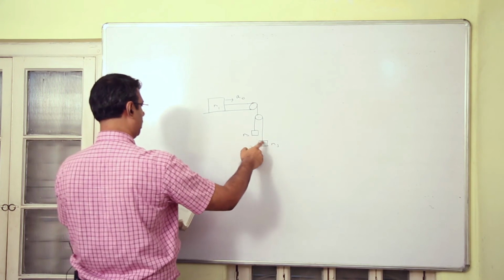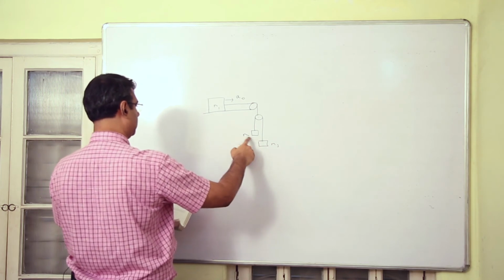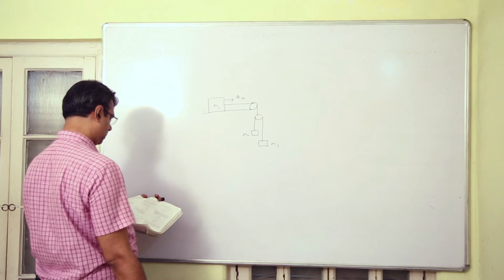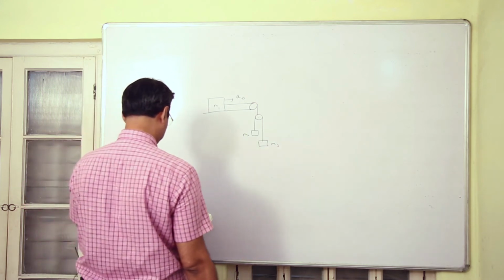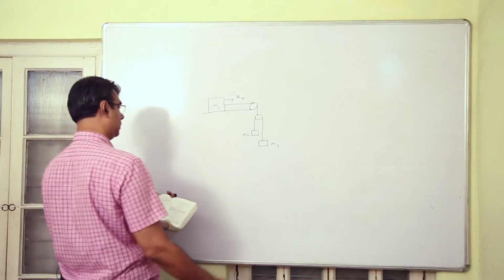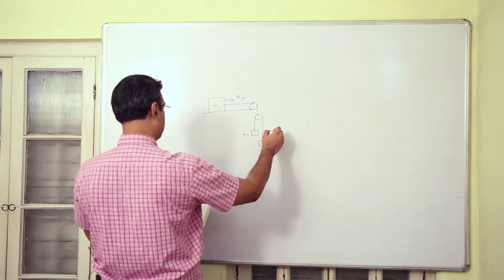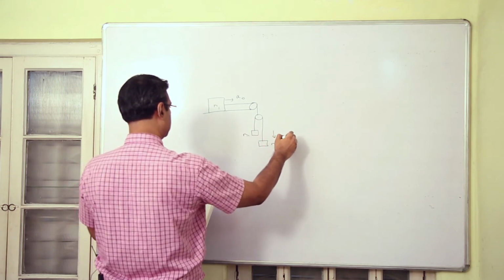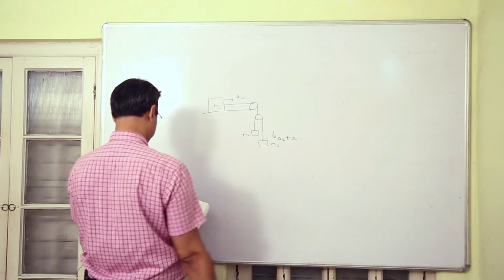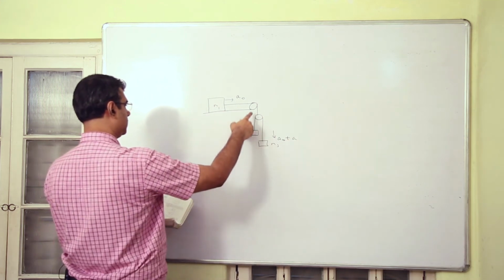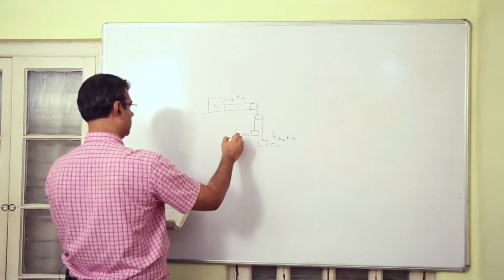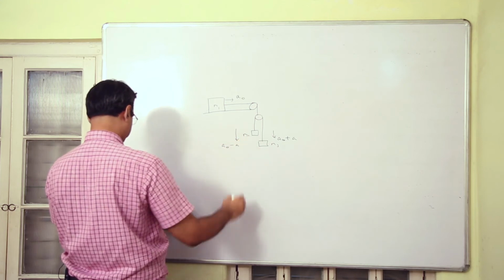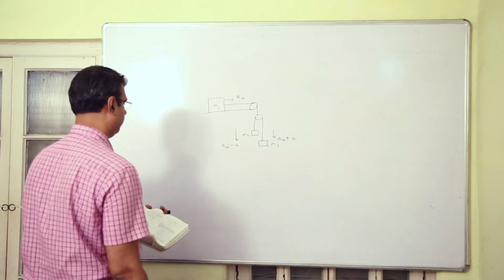But relative to each other, one of these blocks will go up and the other will go down. So we will assume that this block is going down, so let us say its acceleration is a0 plus a. So this block will go up, so its acceleration will become a0 minus a.